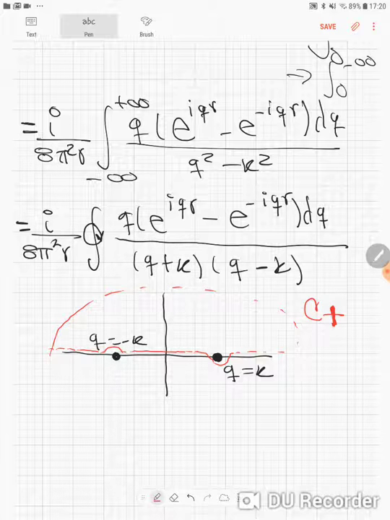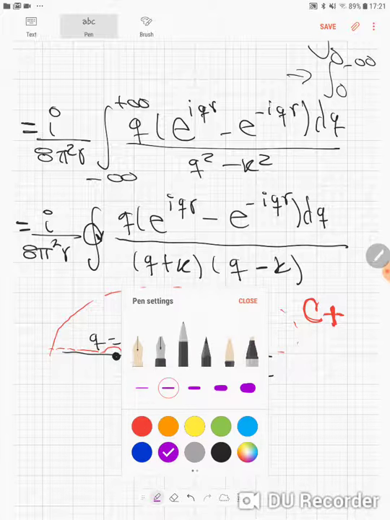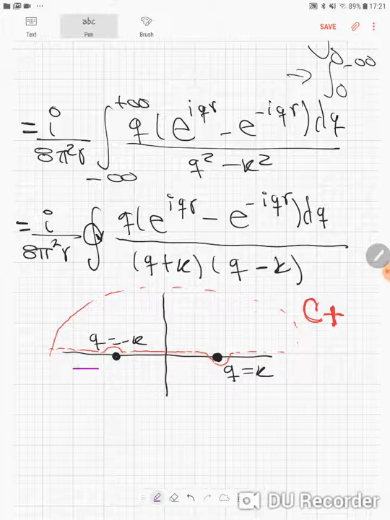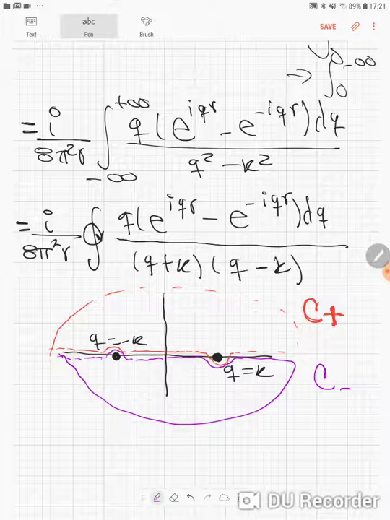So it's going to contain only one pole. Okay, and the second semicircle is going to contain the pole q equals to minus k, but it's not going to contain q equals to k. And this is going to be semicircle C minus.